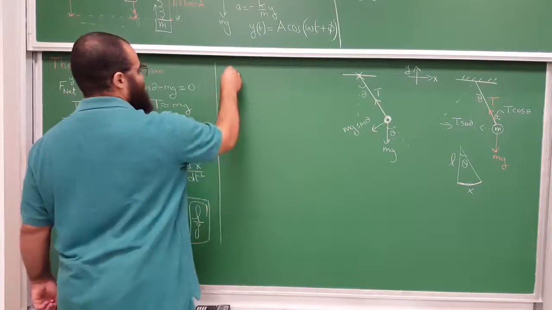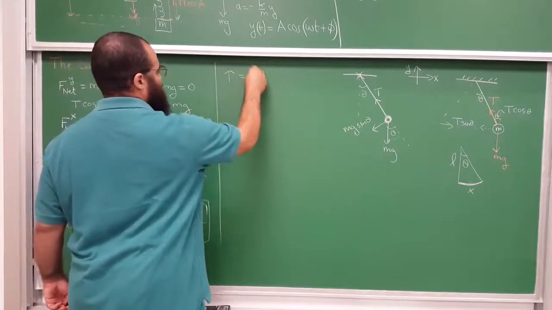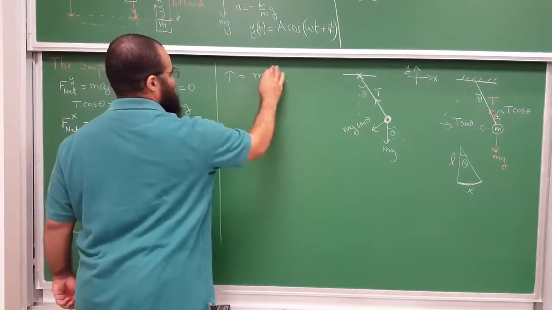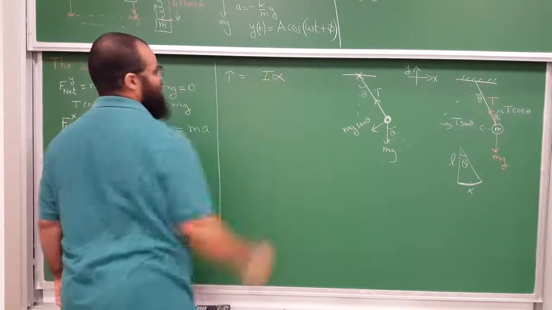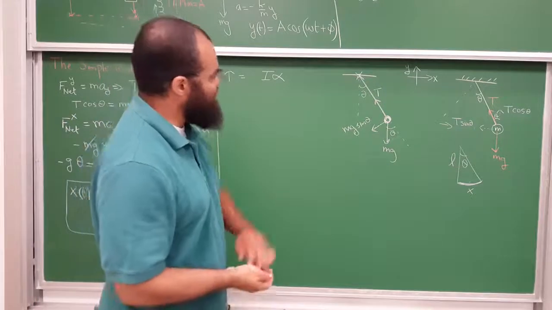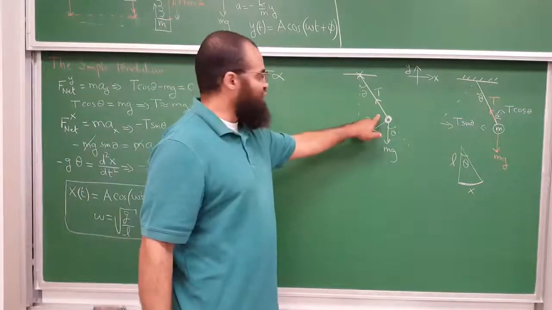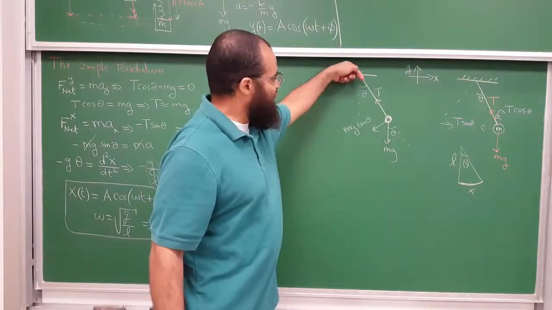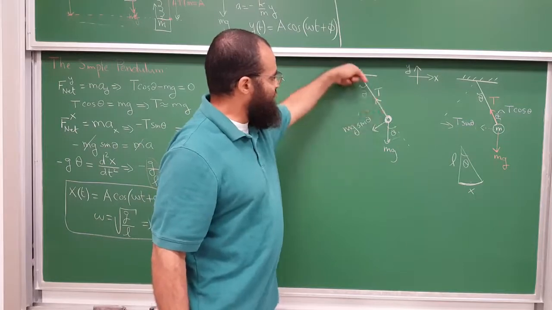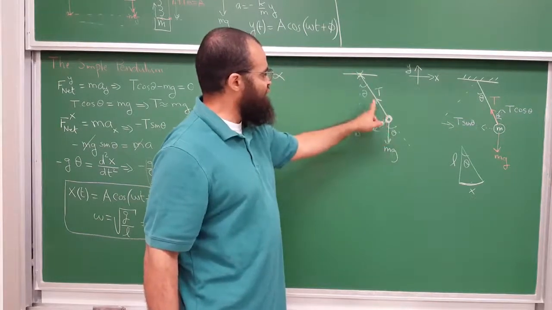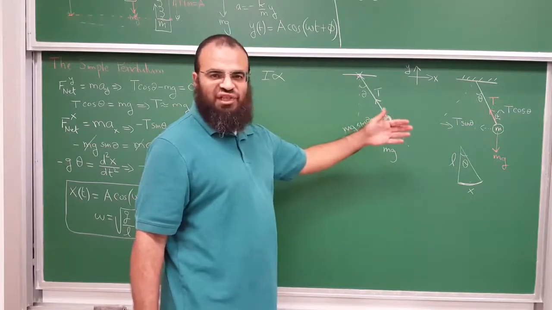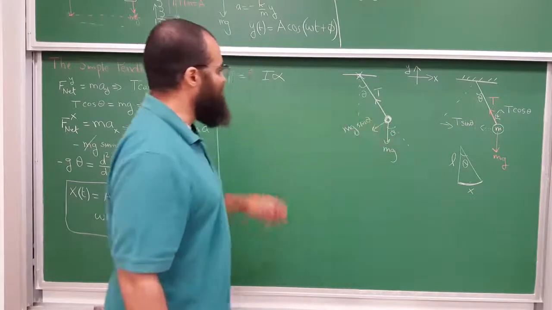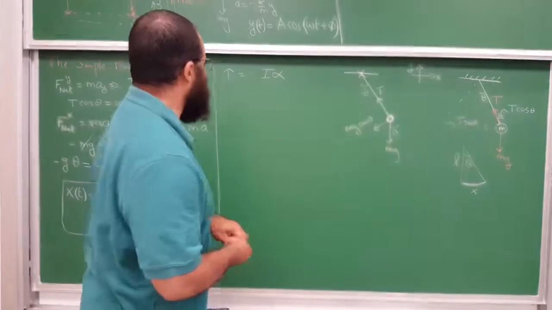So we know that the net torque on an object will equal, not the mass times acceleration, it would be the moment of inertia times alpha, which is the angular acceleration. Notice the tension doesn't contribute to the torque because the position vector is this way, the tension is this way, so there is 180, and torque is the force times distance times the sine of theta. Sine of 180 would be 0, and so tension does not contribute to the torque.